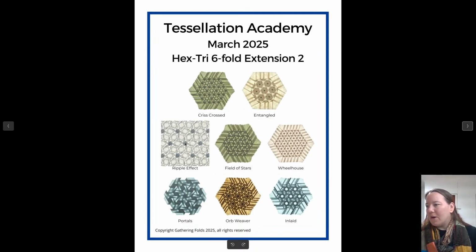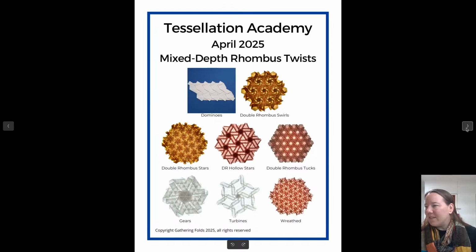Like I mentioned in March, we were focused on this hexagons and triangles 6-fold extension 2, the second symmetry extension, where the second hexagon twist is in a position of 2-fold rotational symmetry. And last month we were talking about mixed depth rhombus twists.